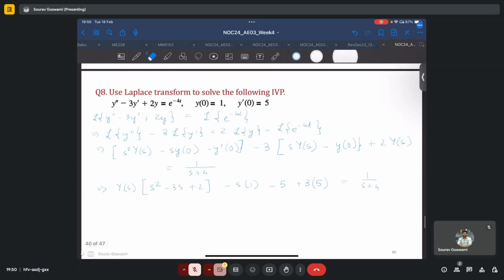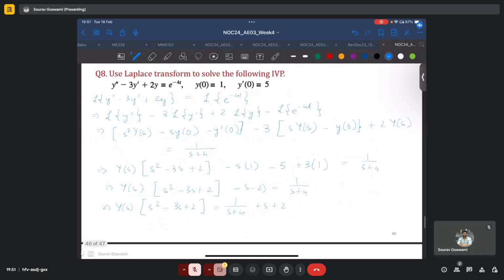Sorry, y at 0 is 1 and not 5. This implies Y of s times s square minus 3s plus 2 minus s minus 2 equals 1 by s plus 4. So Y of s times s square minus 3s plus 2 equals 1 by s plus 4 plus s plus 2.